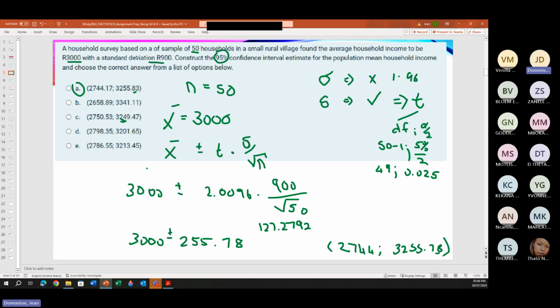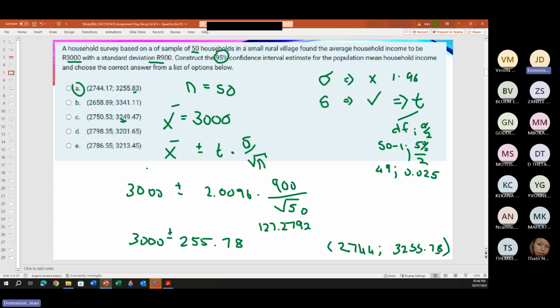Okay, so important in this one, first thing you need to identify is if you're working with a standard deviation where you know what the population standard deviation is, or if you don't know.